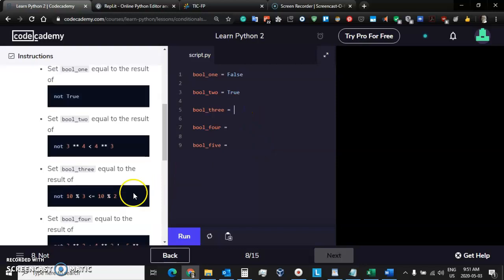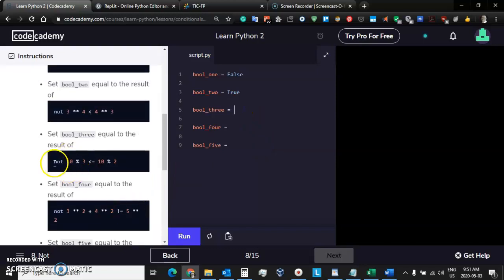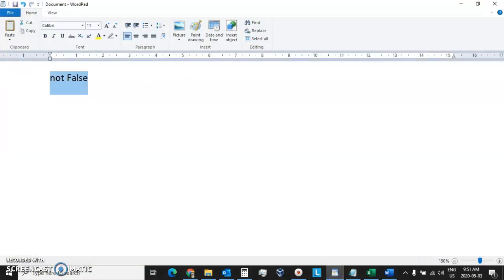We'll go to the third one. So let's highlight that one. And we'll work it out together. Okay, so 10 remainder 3. So 3 goes in 3 times. So 3 times 3 is 9. And the remainder is 1. So from 9 to 10 is 1, so there's 1 left over.